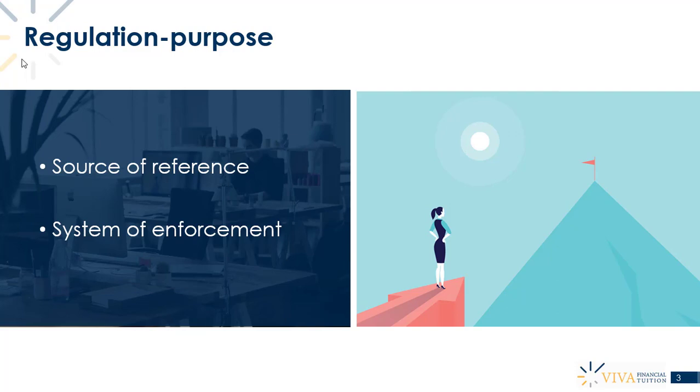So regulation has 2 purposes overall. It helps as a source of reference, and it also helps to be aware that there will be a system of enforcement. There's no point in having regulations unless they're going to be adhered to, unless there's a potential problem for the individual if they don't actually adhere to the regulations.